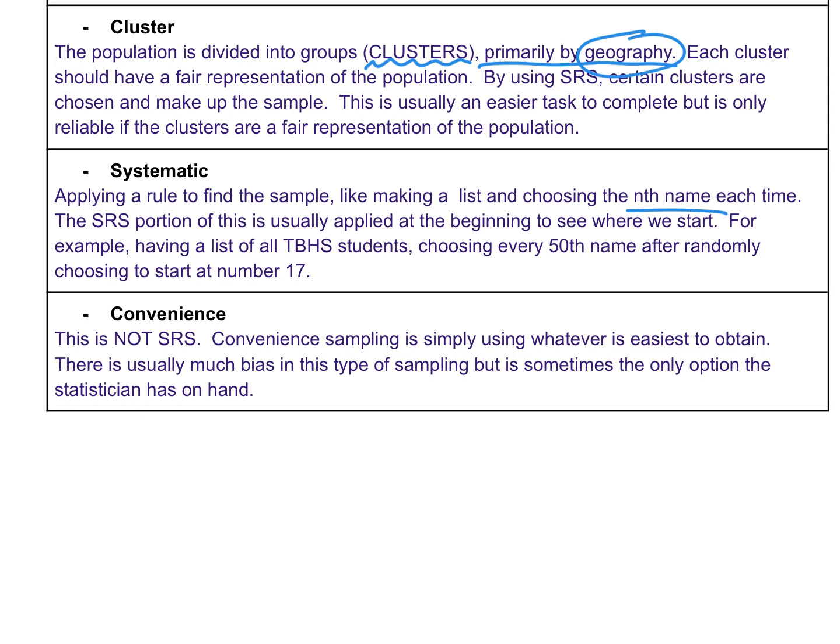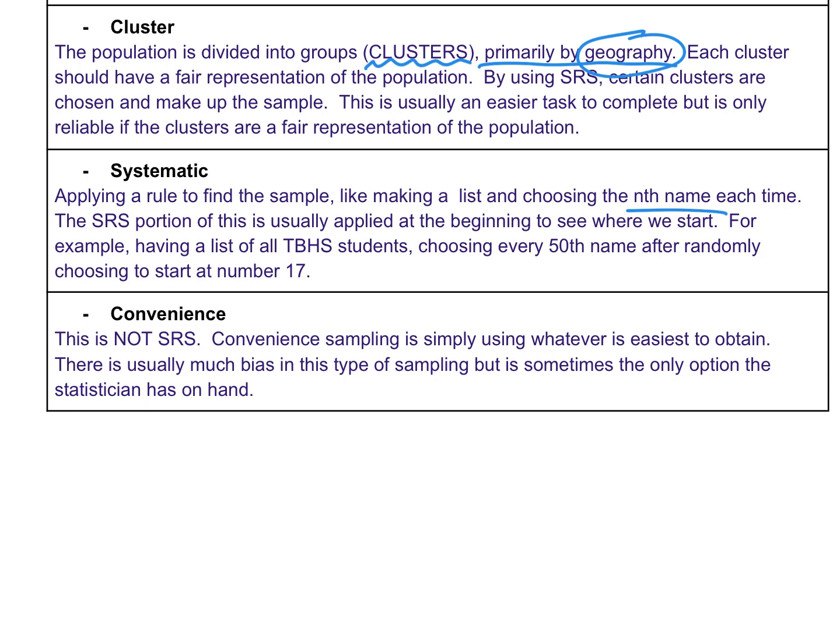If I were, back to the election, if I were taking a poll on who's going to win the election and I just go to the basketball game, okay, and I just stand at the door and ask people as they walk in, would that be a very accurate depiction of who's going to win the election, just standing and asking people at a Troy Buchanan High School basketball event, okay, in mid-Missouri?